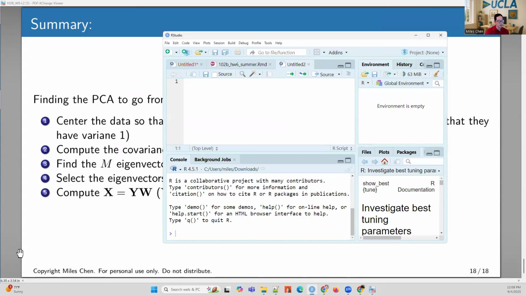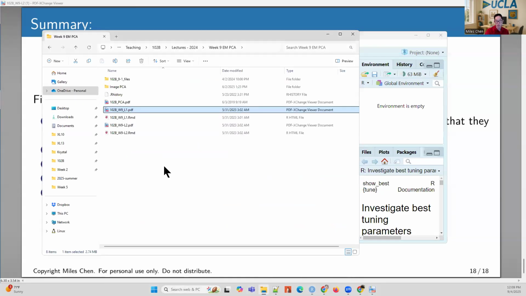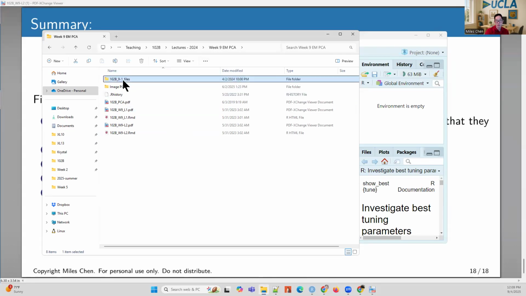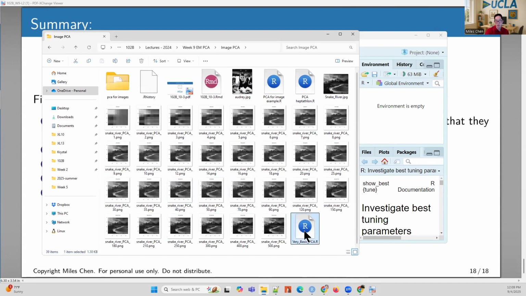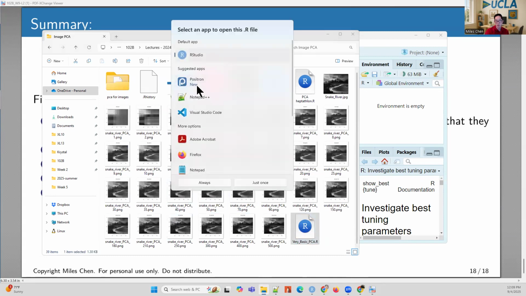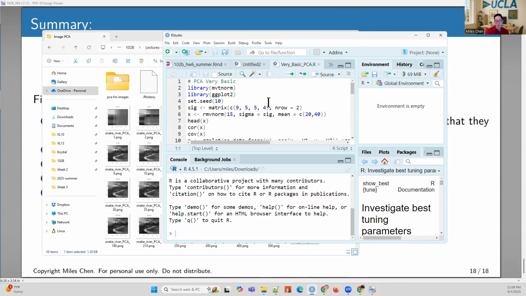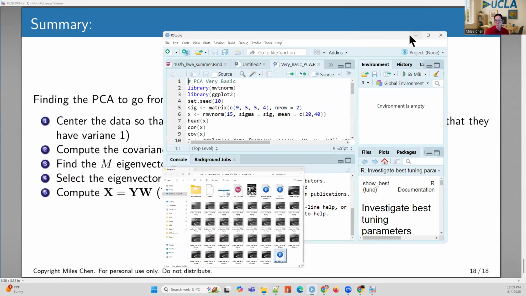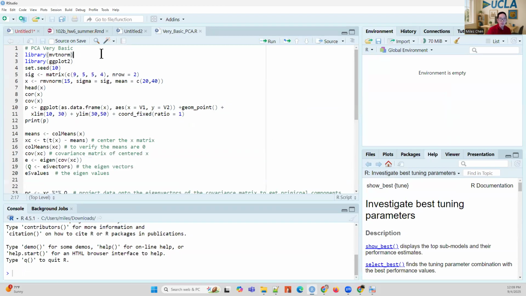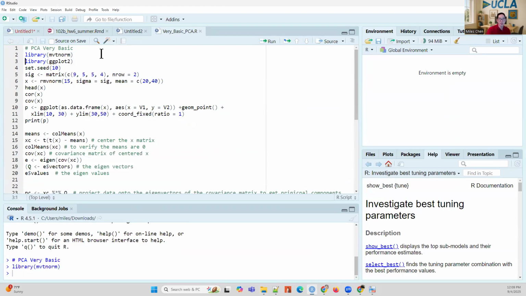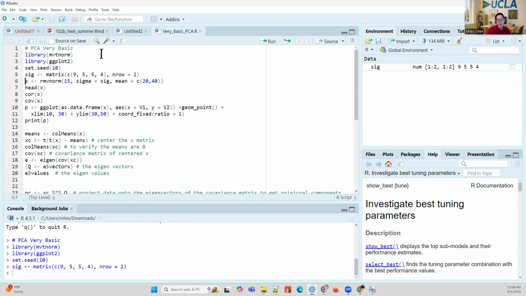So let me show an example here. I'm going to load up the multivariate normal, and I'm going to just generate some values here.